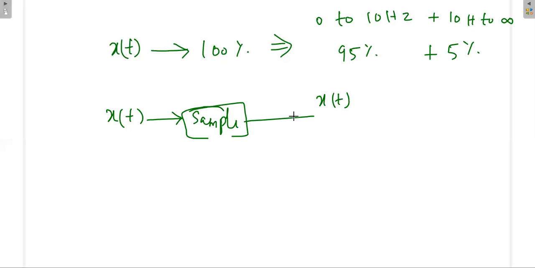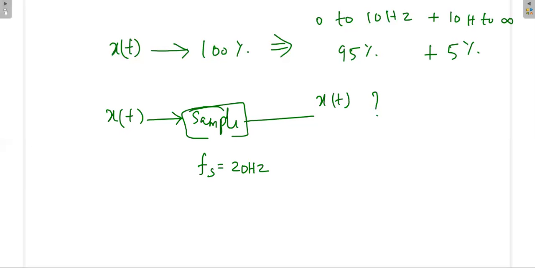Now what will happen? For example, if you apply fs equal to 20 hertz, we are thinking that this is the maximum frequency, and most of the information is present here. Now how much percentage of the original signal will be recovered back here?